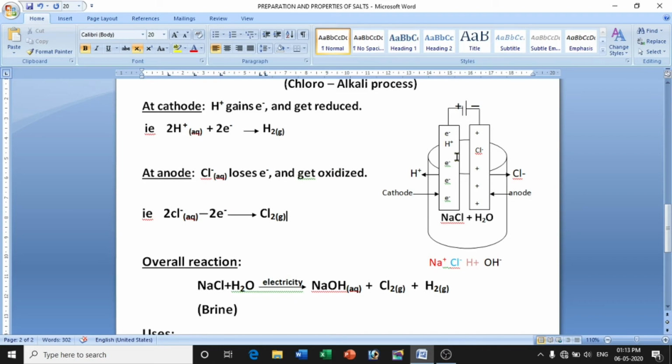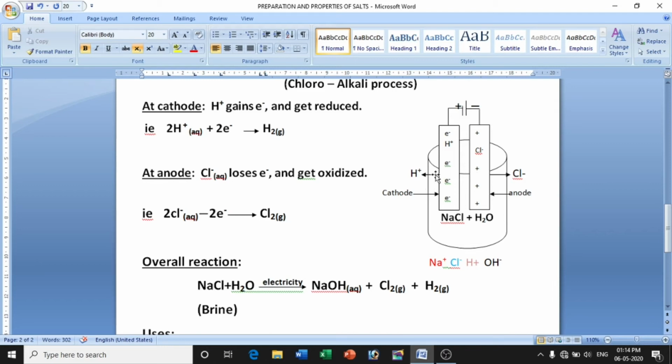So this is exactly what happens here. Sodium is very reactive, so it does not directly cling to this electrode. Instead, hydrogen ions will cling to it, and that is why sodium still has the tendency to react with other ions. At the same time, chlorine ions come to the positive electrode, that is the anode, to form chlorine.